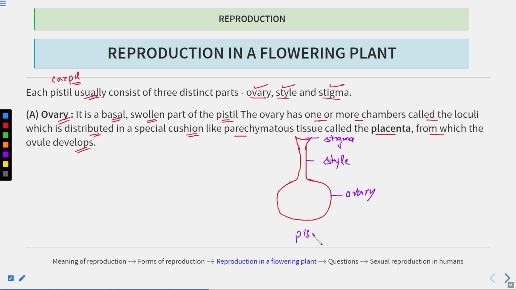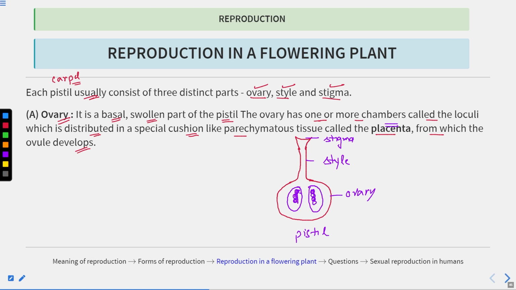The ovary has chambers. This is one chamber, this is another chamber, and you can see ovules are present inside. These ovules are attached to the placenta.